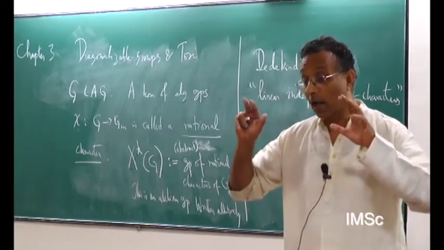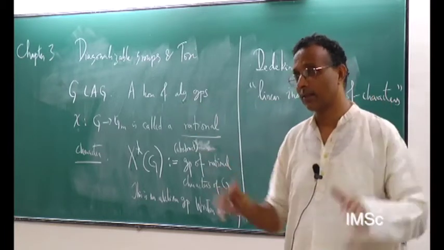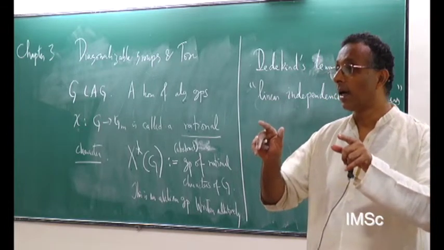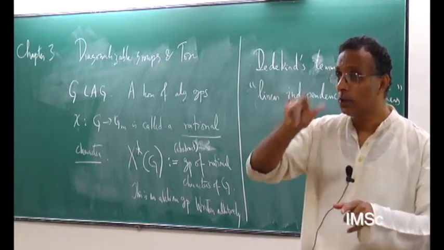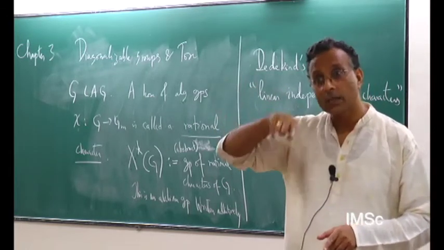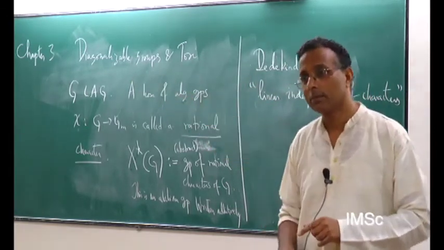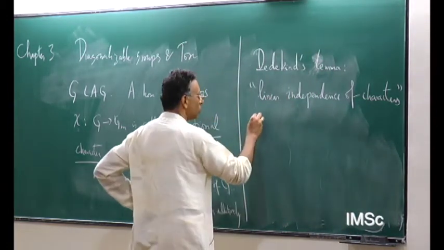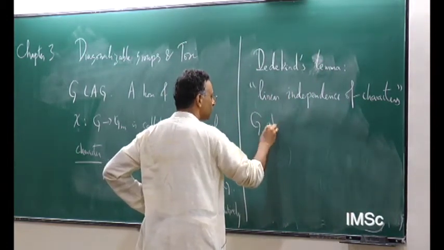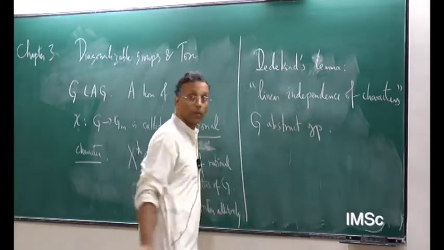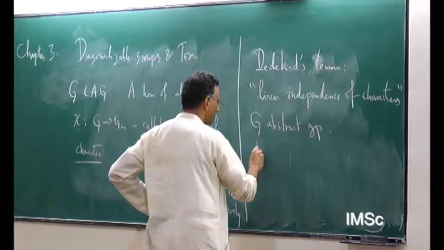As long as the characters are distinct, they are linearly independent as functions from G to K. This is a very beautiful statement. So G an abstract group, K a field.